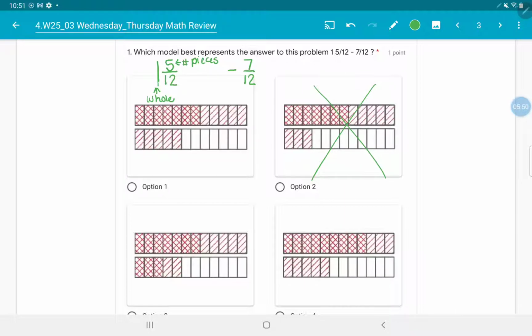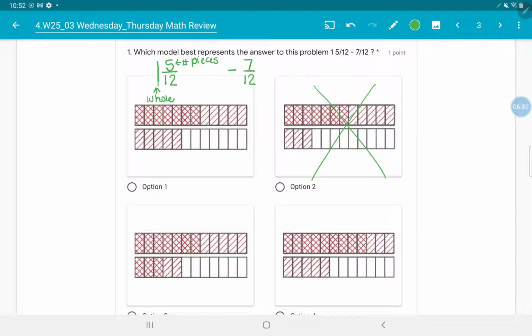Once again, we've already eliminated option 2. Why do we know option 2 cannot be the correct answer? Because it did not start with 1 and 5/12. It started with only 1 and 3/12 shaded. So we know option 2 cannot possibly be the correct answer.